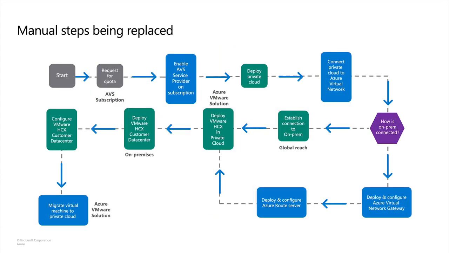So what you see here, and as Emad was talking about, is AVS is made up of 3 very high-level deployment and configurations: the private cloud, the networking, and HCX. And then within each of those, there's sub-steps that you have to take.